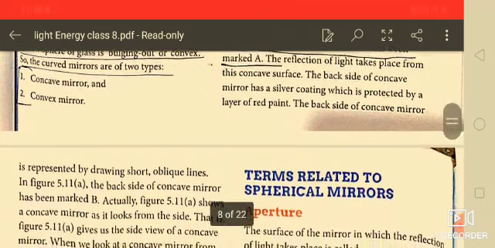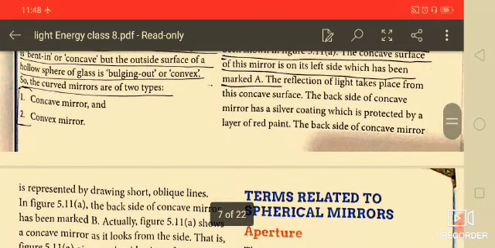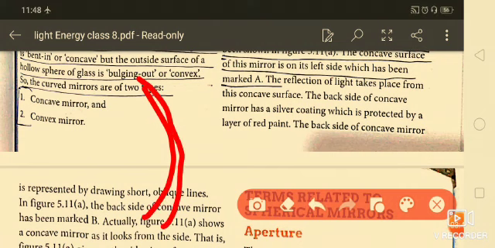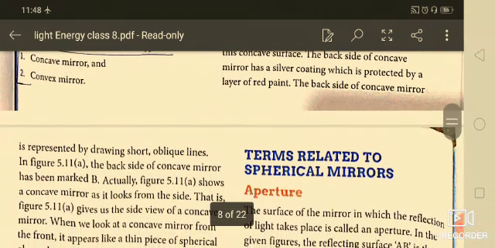The back side of this concave mirror has a silver coating, that means polish is here, which is protected by a layer of red paint, okay?